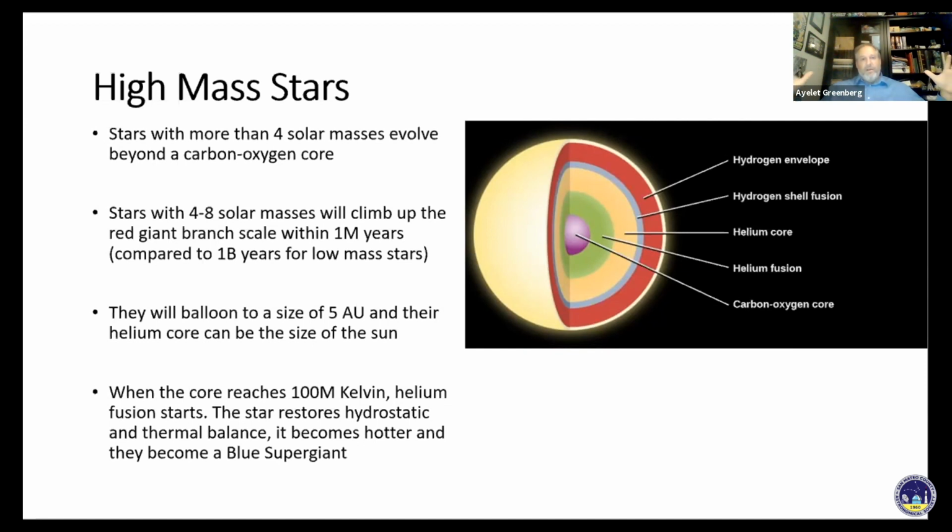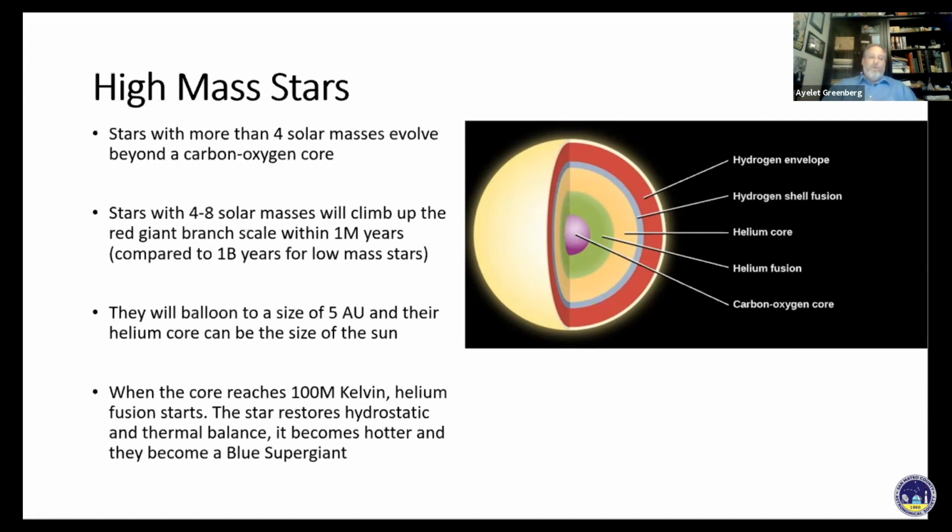So just to be clear, we're talking about a star where the center is where our sun is, and the outer layer is where Jupiter is. So everything, including Mercury and Venus and Earth and Mars and the asteroid belt, all the way up into Jupiter, would be inside the star. That's how massive the star can get.